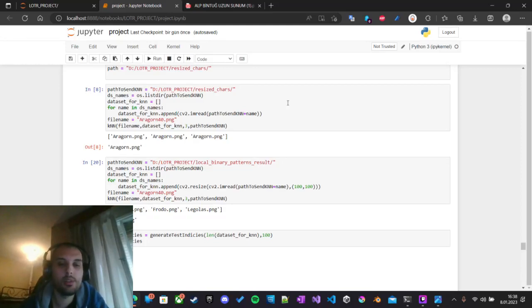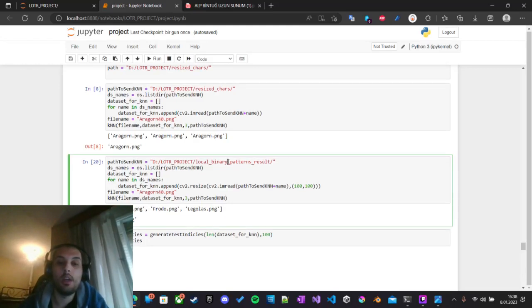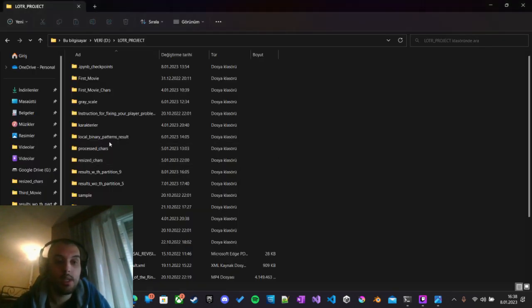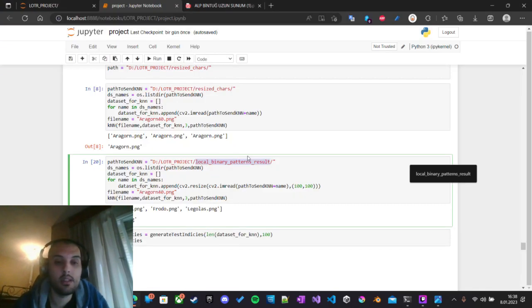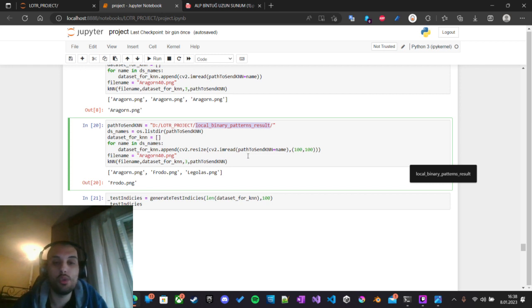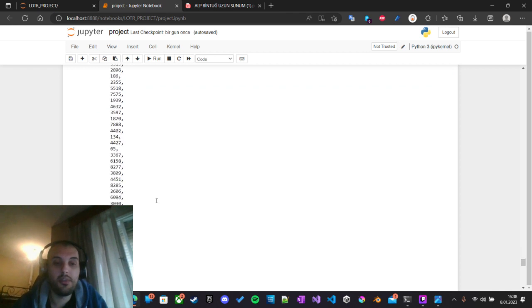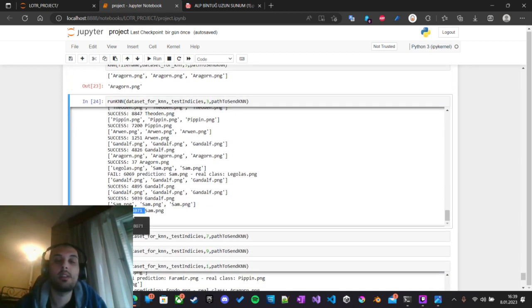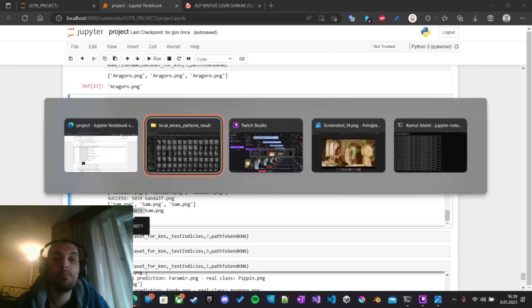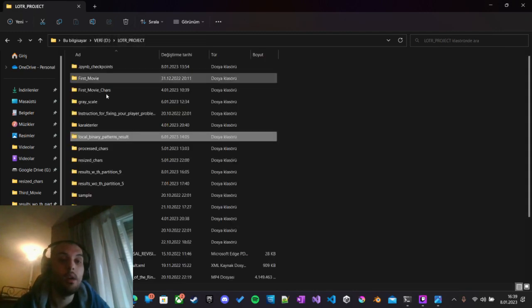Now I will go over my new implementations. I tried to use local binary patterns as bare bones. So here you can see just converting images into local binary patterns and then calculating distance between them using KNN. This method had a 15% success rate, but regular KNN had a 96% success rate on my test set because there are too many similar faces.